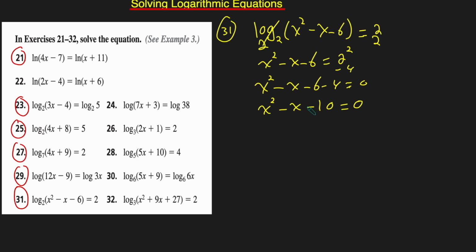Now, in order for me to solve for x, I have to factor this equation. Well, I can see that this equation is not factorable, so I have to use either completing the square or the quadratic equation. I'm going to go ahead and complete the square.